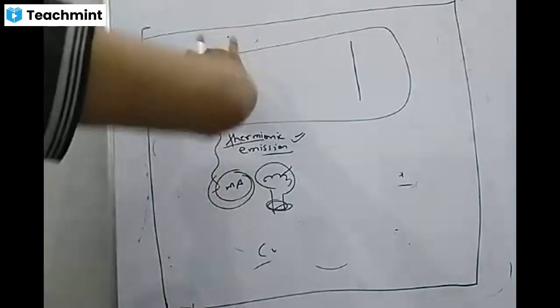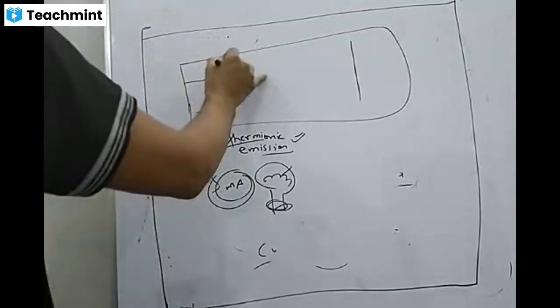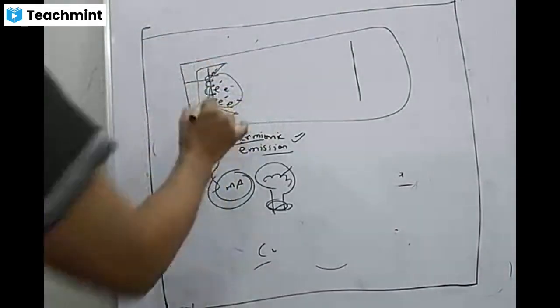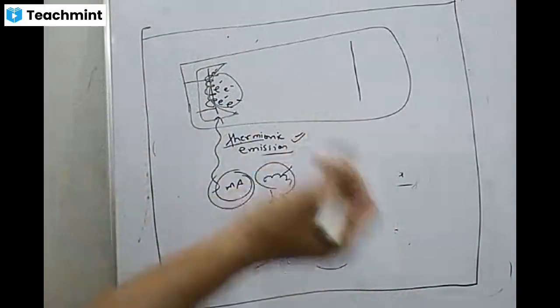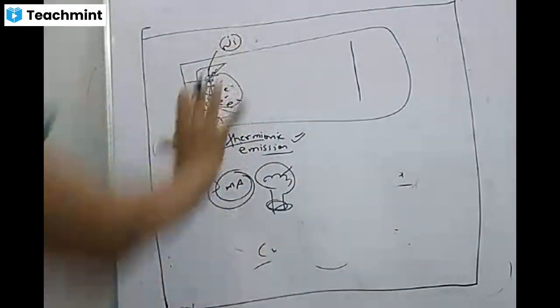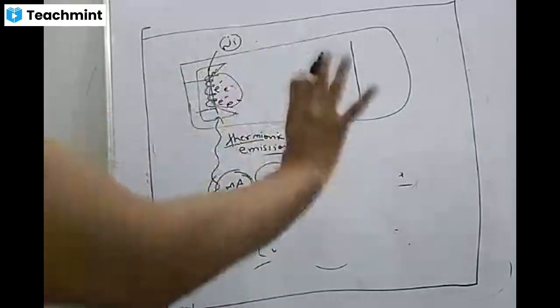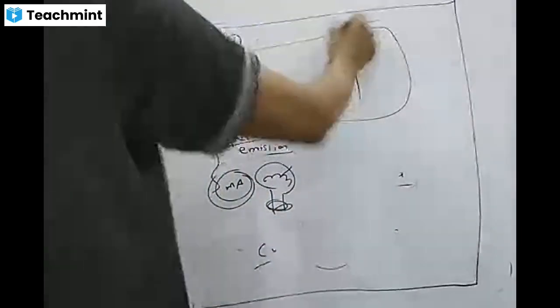To prevent their spreading, we apply a cone-shaped structure called the focusing cup, and this focusing cup is made of nickel. So up to this point, we have applied mA and generated electrons. Now we want these electrons to move toward our target, the anode.